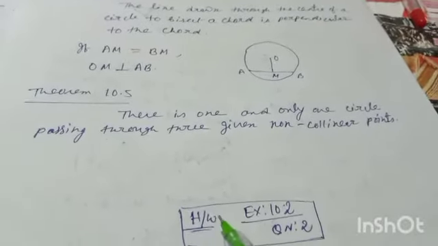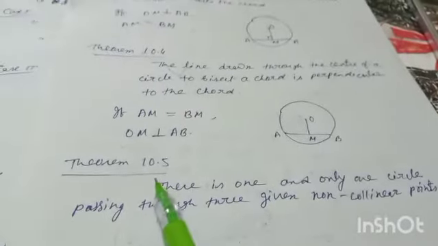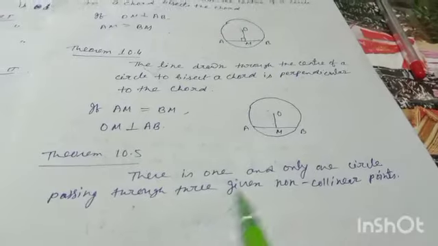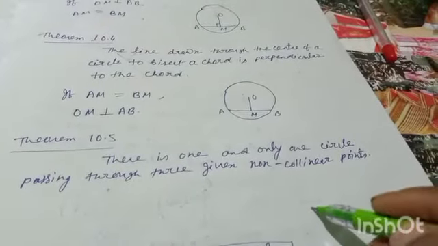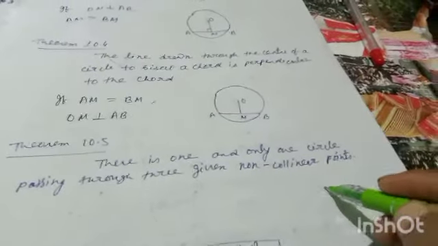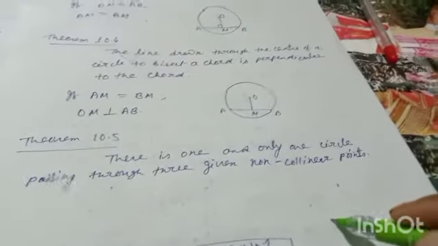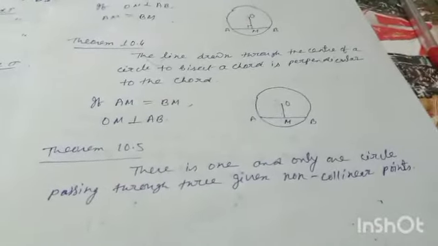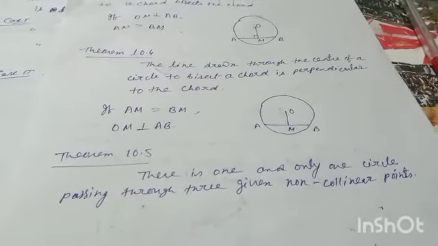Before the homework, I forgot, I want to explain Theorem 10.5 also. Theorem 10.5: there is one and only one circle passing through three given non-collinear points. If you take three non-collinear points, through these three points you can draw only one circle.